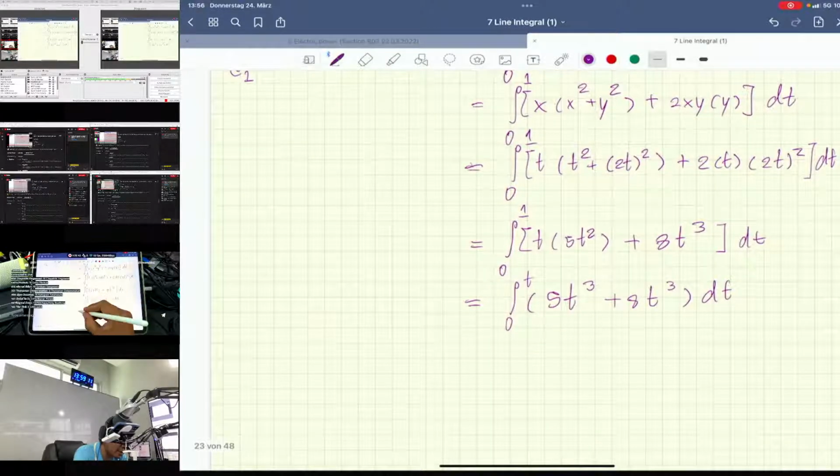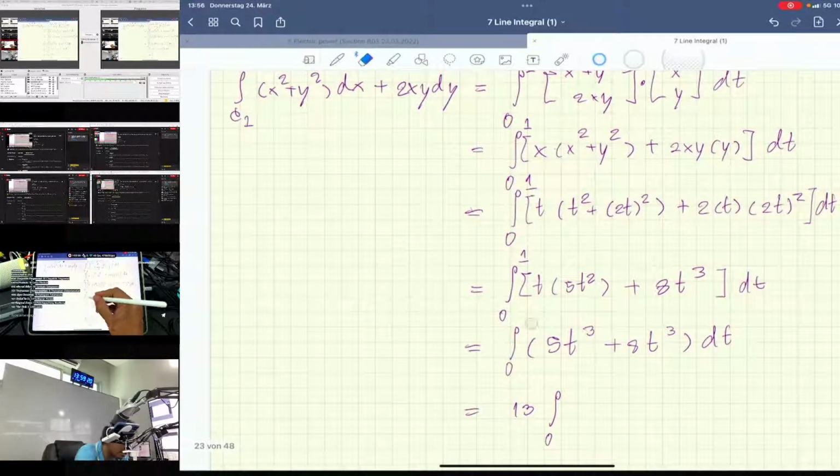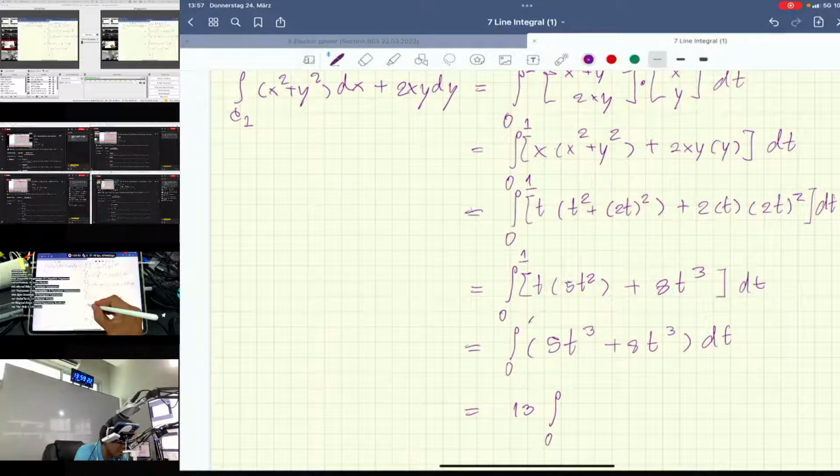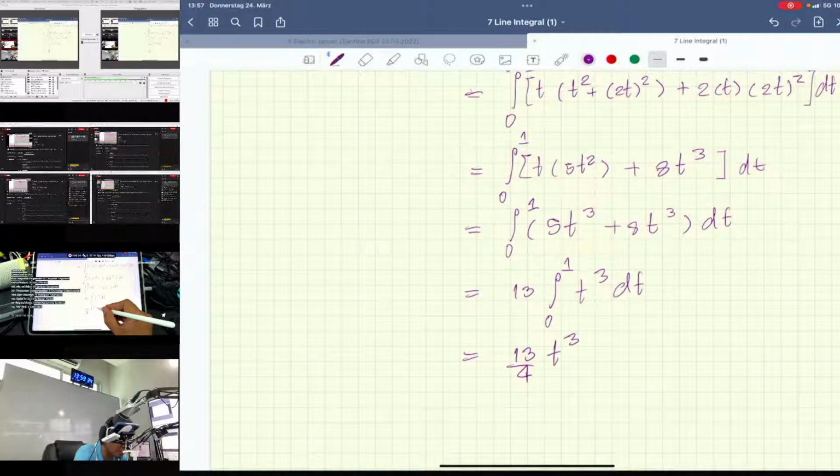You're going to have here 13 times the integration 0 to 1 of t to the power of 3 dt. So you're going to have 13 over 4 times t to the power of 4.